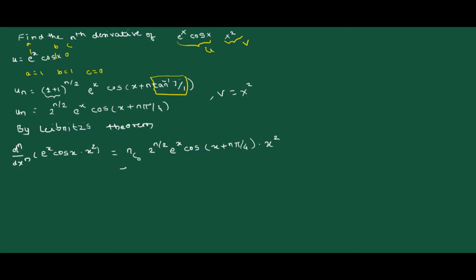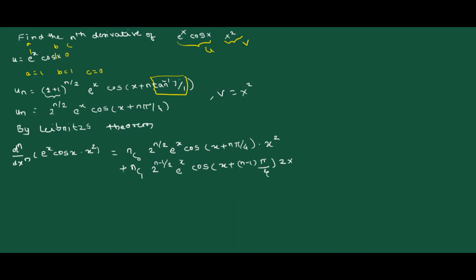Okay, next term plus, n c naught is over. I will write n c1, 2 raised to n is replaced by n minus 1, so 2 raised to n minus 1 divided by 2 e raised to x cos x plus n minus 1 into pi by 4. Bracket complete.